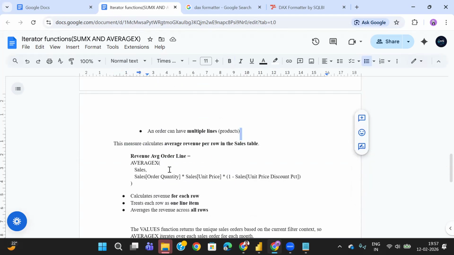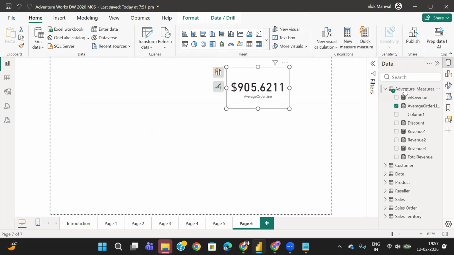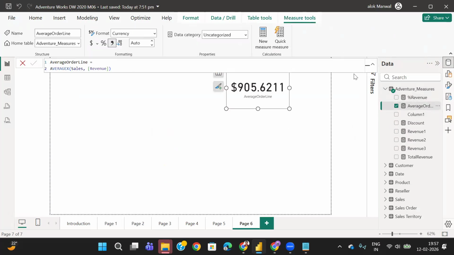You can see we have already calculated it with a different formula, and I have just used this one only. You need not worry. Remember I told you I can use my measures in my new measures.